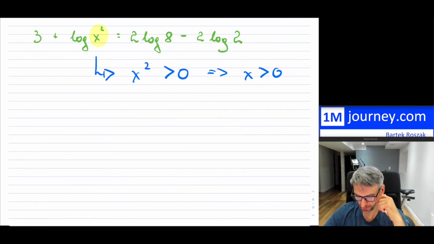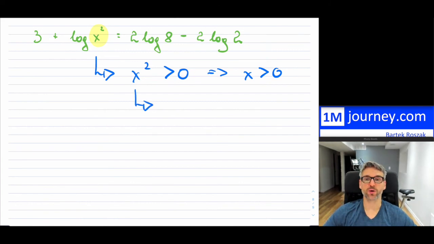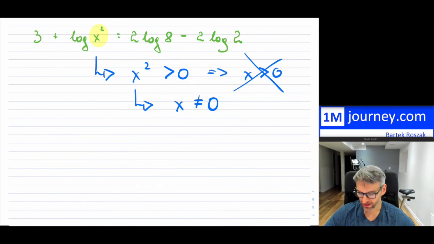Any number that you put in here for x squared is going to be greater than 0 except 0 itself, because if it's a negative x and you square a negative number, you're still going to get a positive number. So this is not true. This means that x just cannot be equal to 0. That's the only non-admissible thing that we can have.